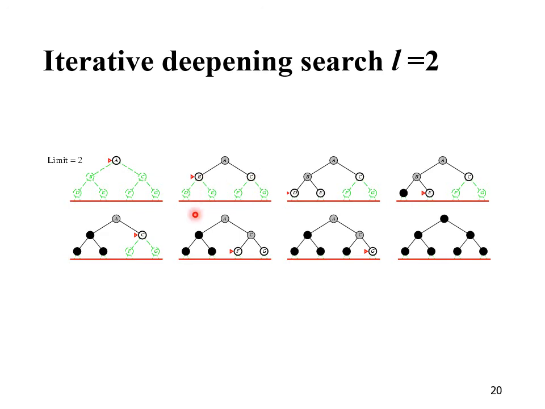Now you will explore the successors of B, which are D and E. Now you check whether D is a goal node or not.